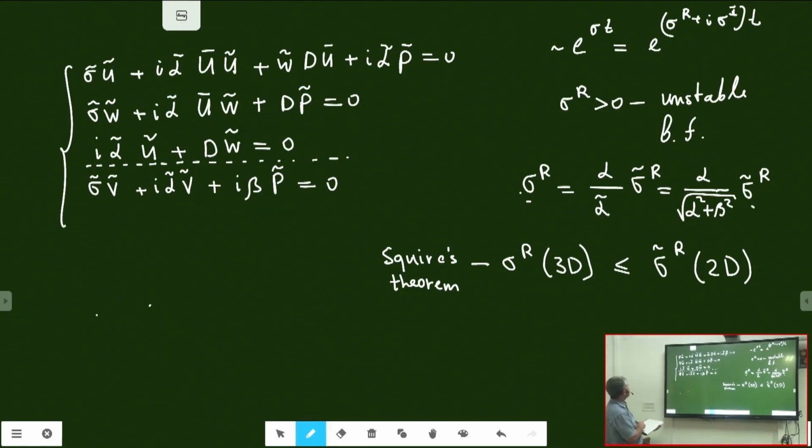Now, let me see where we can put it in. Into here. Okay, so we used this first expression, we took pressure out of there. Now let's put it back.